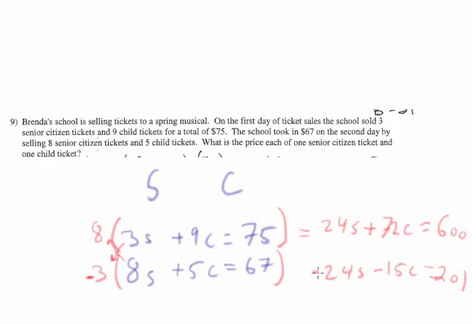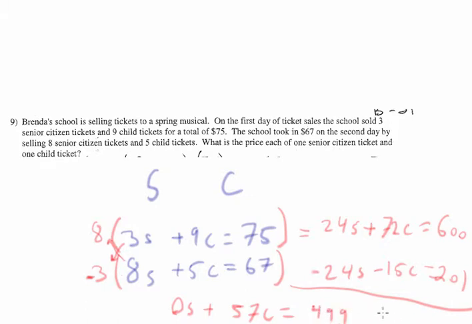So now I'm going to add these two equations. And the whole goal of this was if I add the 24 S's minus the 24 S's, I get 0 S's. So 0 S's plus 72 kids tickets minus 15 kids tickets. So 72 minus 15 would be 57. 57 kids tickets is 600 minus 201, so that's $499.